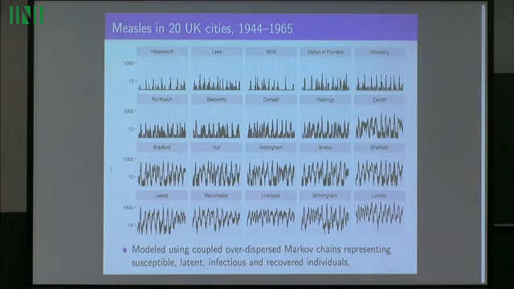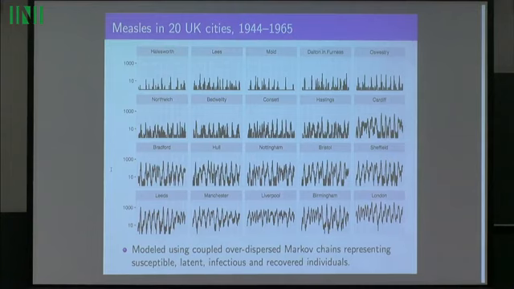Maybe you have 20 cities, and within each city you have some dynamics of susceptible, latent, infectious, recovered individuals, and you're interested in doing a space-time analysis, so you're interested in how movement between cities might be critical for the dynamics. And you can see here that smaller cities have fade-outs, and then you need a reintroduction.